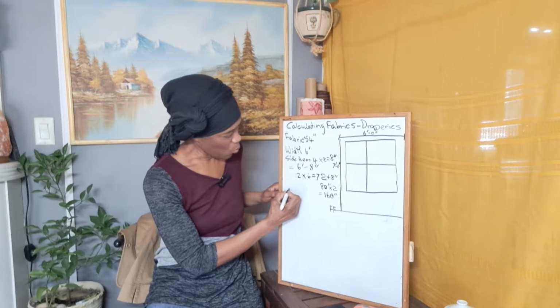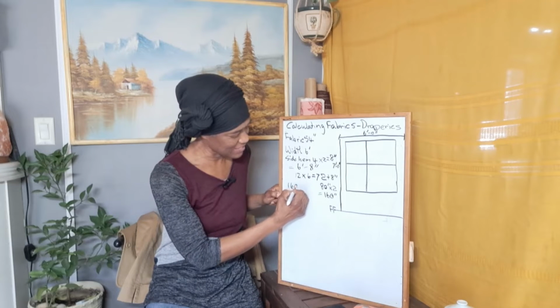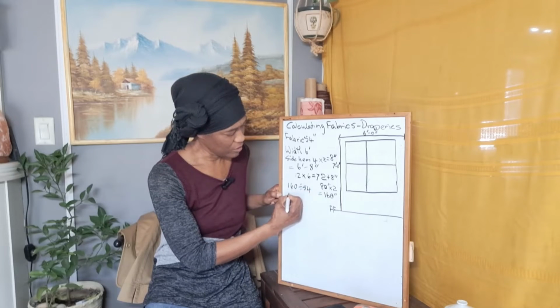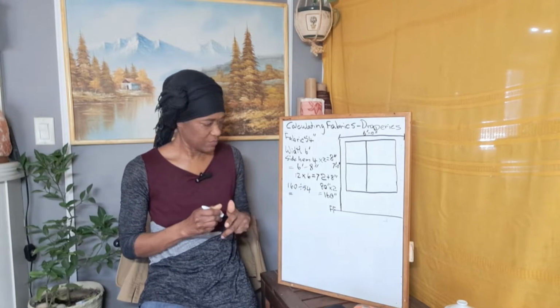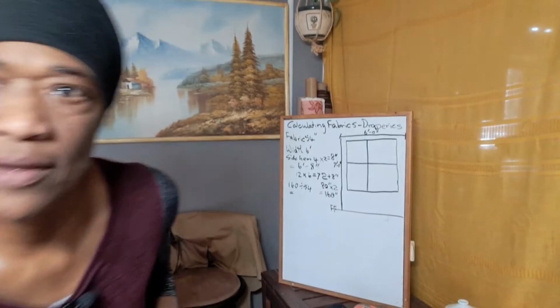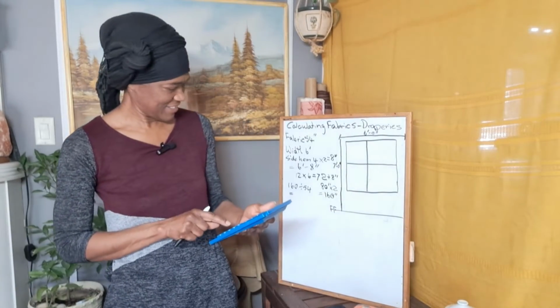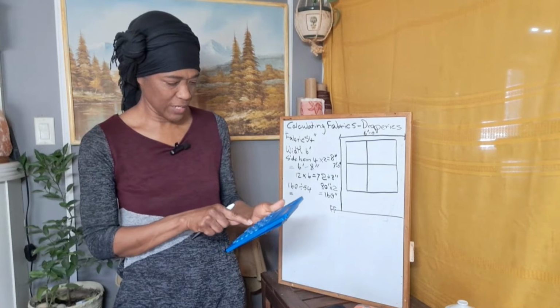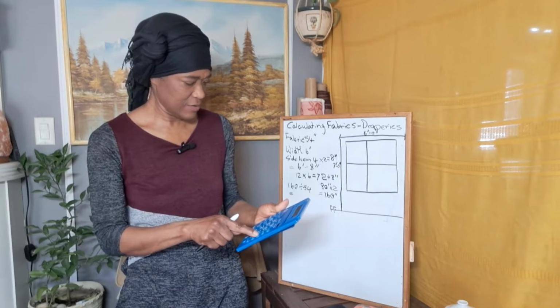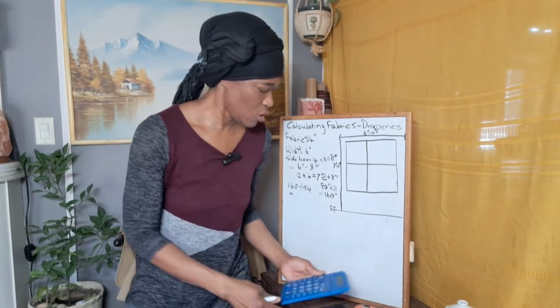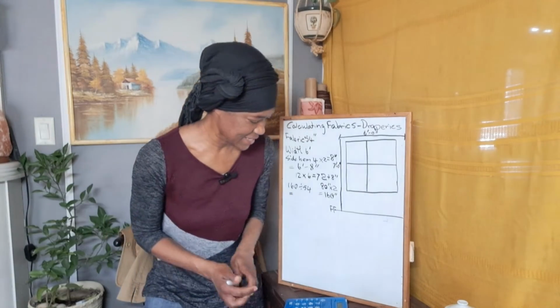So that's 160 divided by 54. Now I could do some long division, but I think I'm just going to use the calculator. So that's 160 divided by 54 equals 2.96.